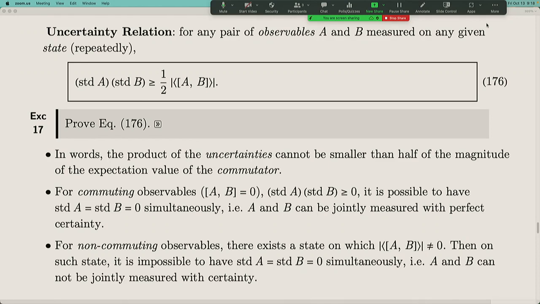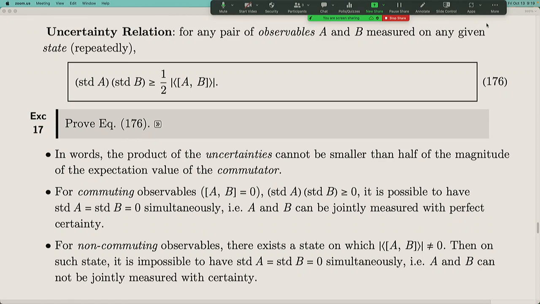It's quantifying that, and it's an inequality saying that sometimes it is impossible to squeeze this probability cloud to zero volume. So in words, the product of the uncertainties cannot be smaller than half of the magnitude of the expectation value of the commutator.